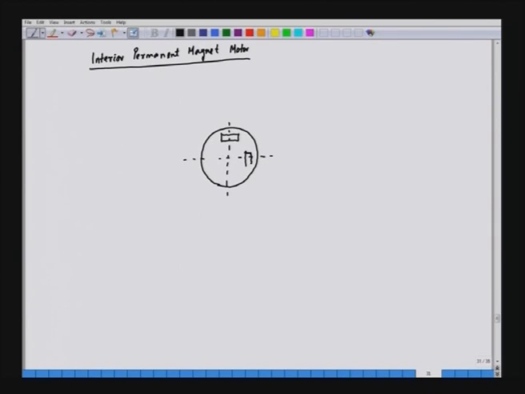We can see here the magnets are not on the surface, but they are inside the rotor. So, these are the magnets. And we have some air gap which is created here, so that the flux will not short circuit in the rotor.